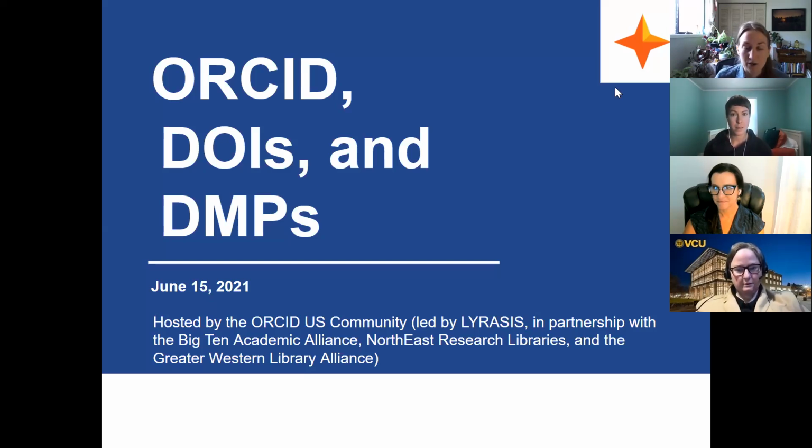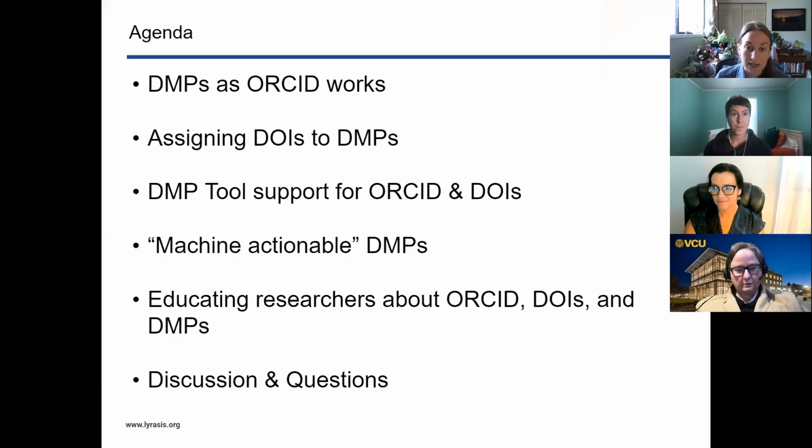I'm gonna get us started with just an intro. What we're going to cover today is the fact that data management plans can now be specifically included in individuals' ORCID records as a work item. So that's a new development. We'll also talk about the fact that you can now assign DOIs specifically to data management plans through DataCite.